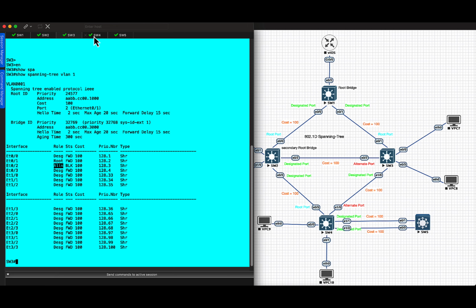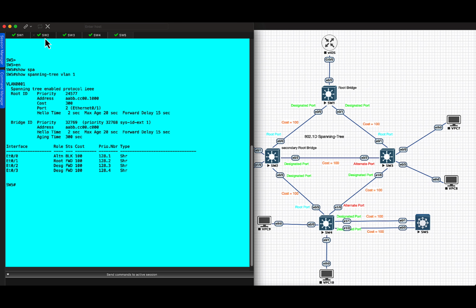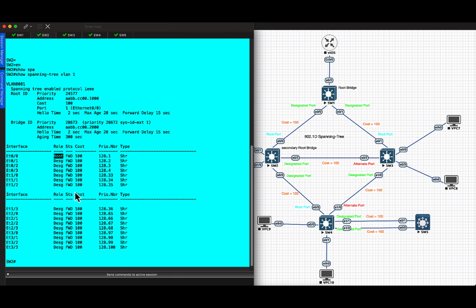The rest, that is the rest of the switches that are not the root bridge, will each have one interface dedicated to be a root port.